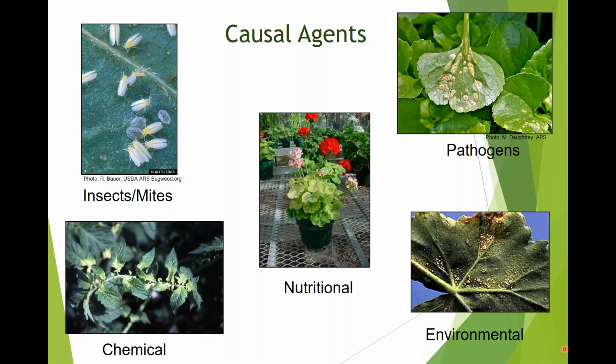You can imagine within each of these categories, there are numerous specific individual problems. So trying to discern what is actually going on can be a really daunting task. You're trying to sort through a myriad of potential causal agents.